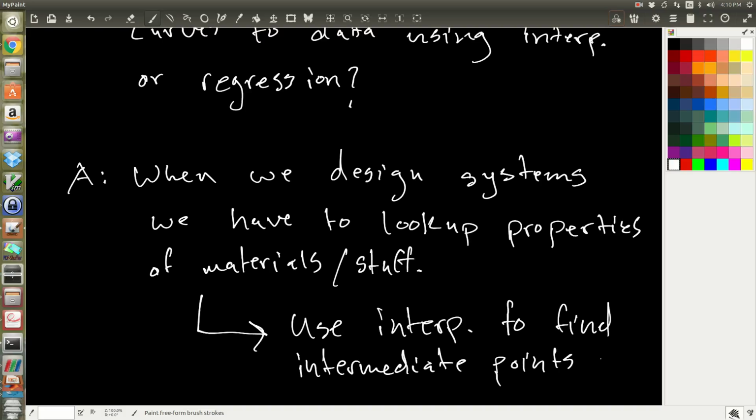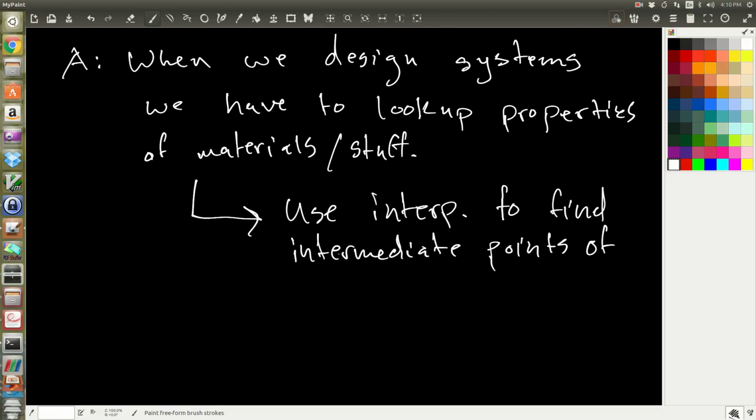Intermediate points of tabulated data. So that's one use of interpolation. There are all kinds of other uses in numerical methods and in coming up with solutions to differential equations.